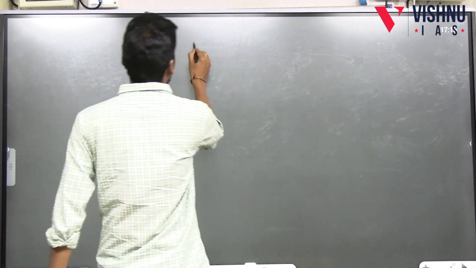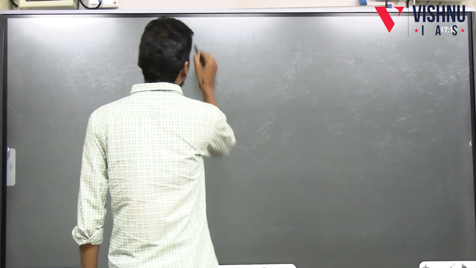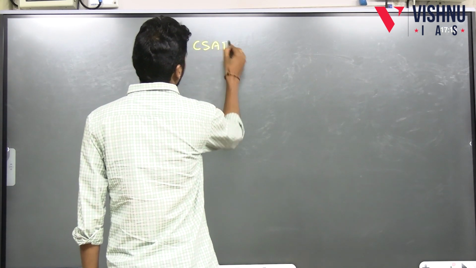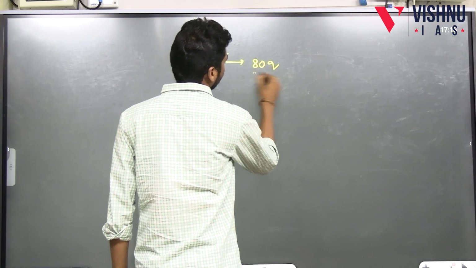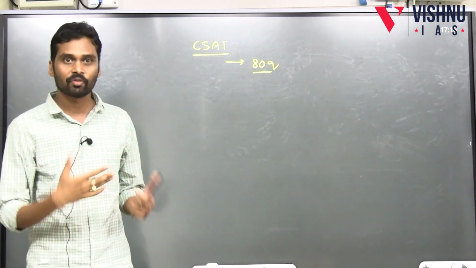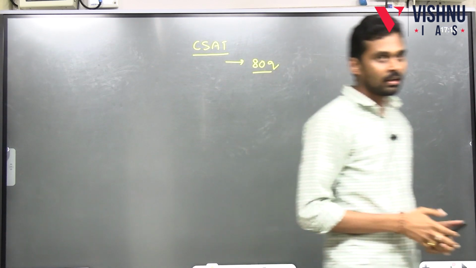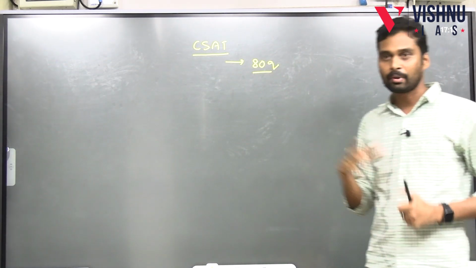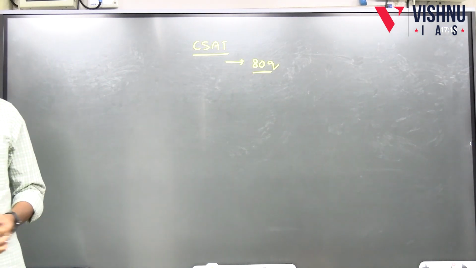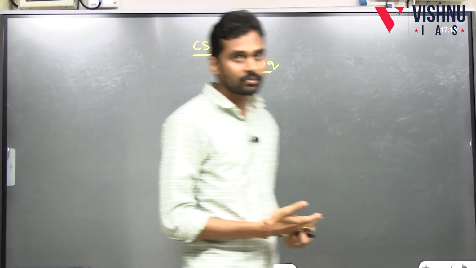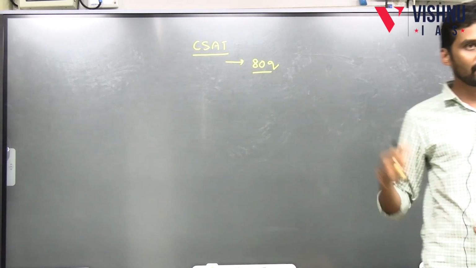This CSAT paper has 80 questions. Those who are not aware of the number of questions and the paper pattern, first we'll discuss the paper pattern: what are the different subjects we have, and what is the weightage of the different topics.